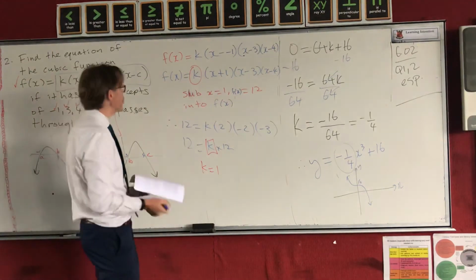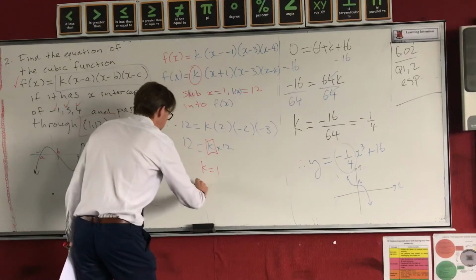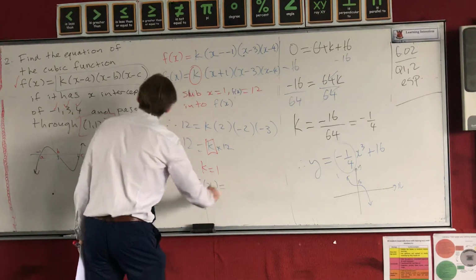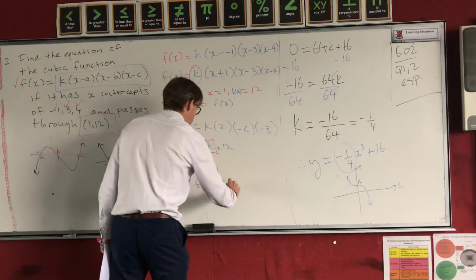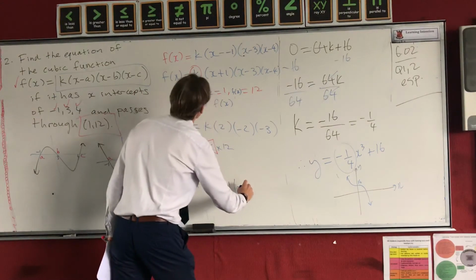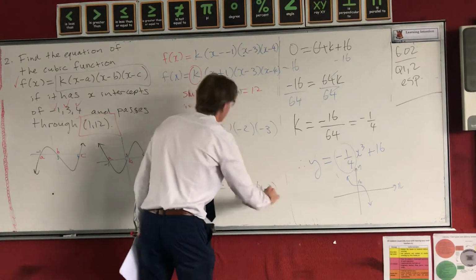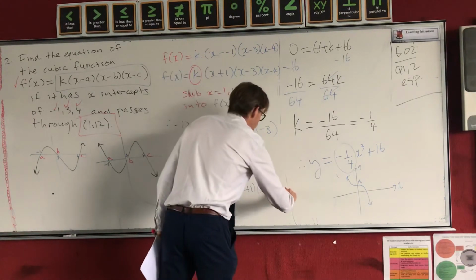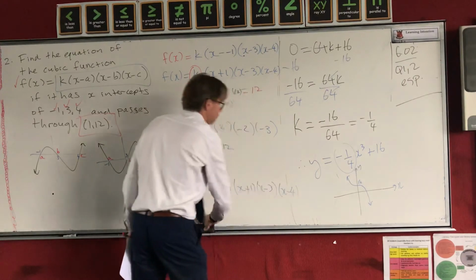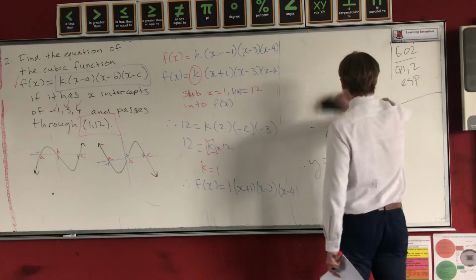And that means your final answer is, therefore, f of x equals 1, brackets, x plus 1, x minus 3, x minus 4. Okay, so that's your final answer. Alright, so copy that down.